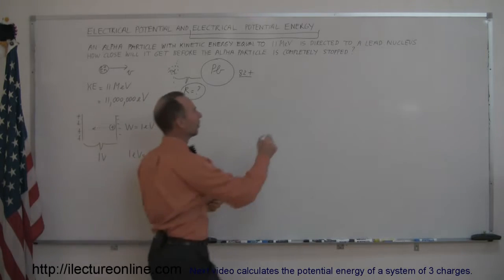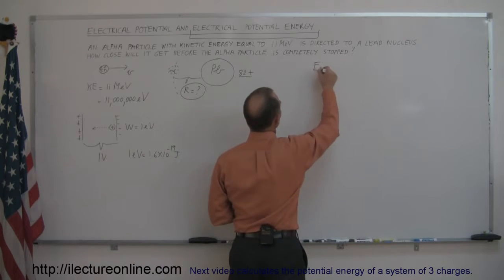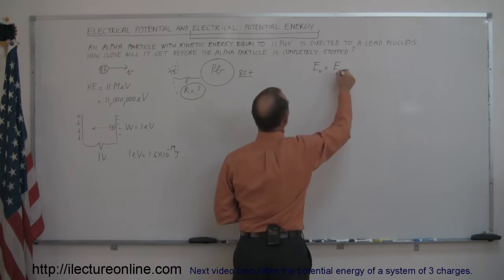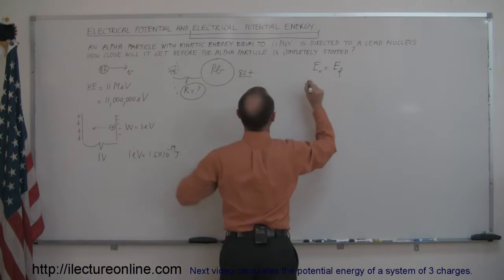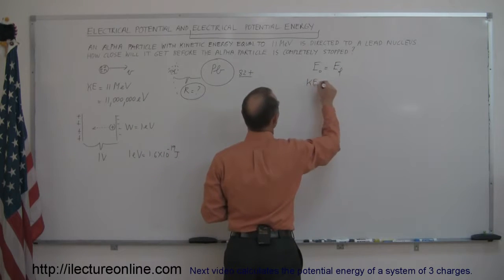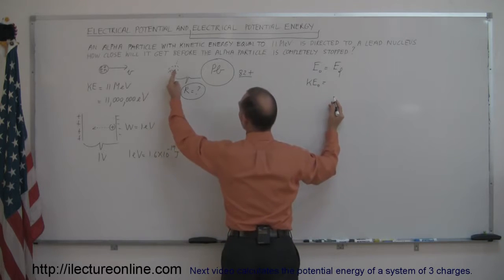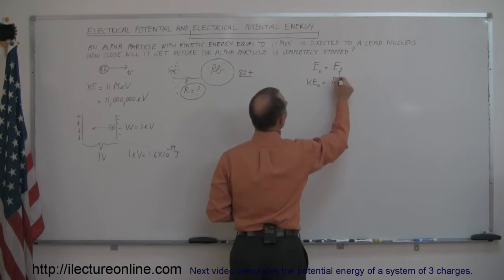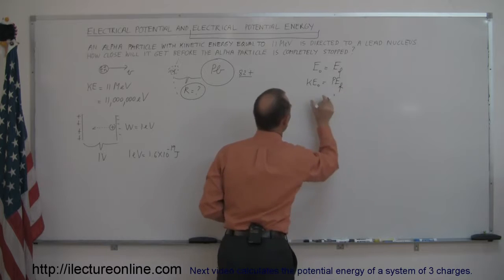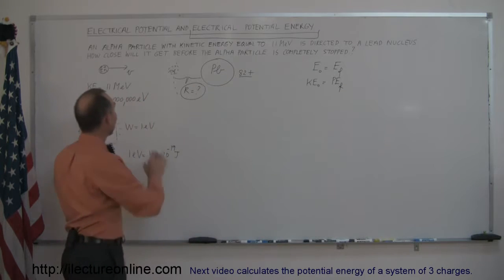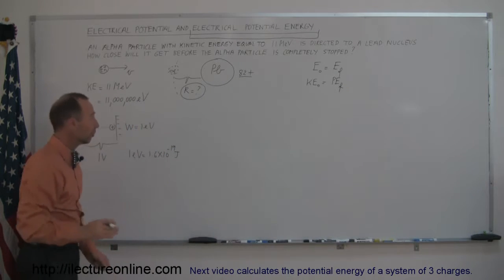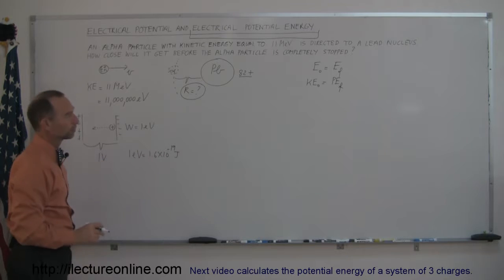So it's a situation of the initial energy equaling the final energy, and the initial energy would be the kinetic energy of the alpha particle, and the final energy would be the potential energy it has when it gets there. The kinetic energy initially has been given to us in terms of electron volts. We simply have to convert it to joules.